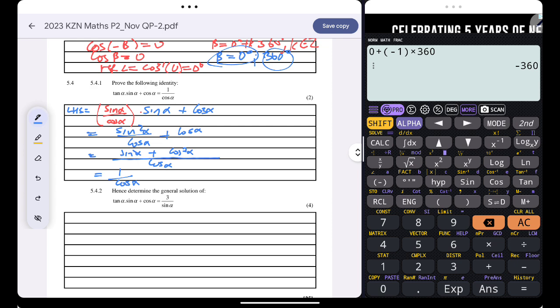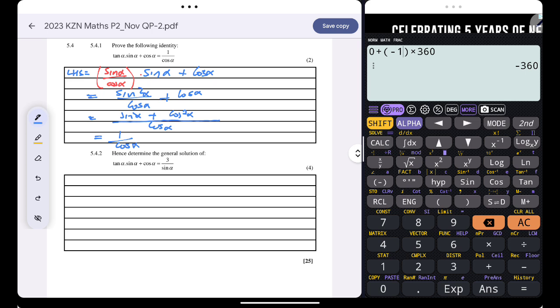Okay. And then the follow-up question says, hence determine the general solution of these two things, right? Okay, how can I do that? I know that this side can be equated to this side because I've just proven the identity that they are equal, right?